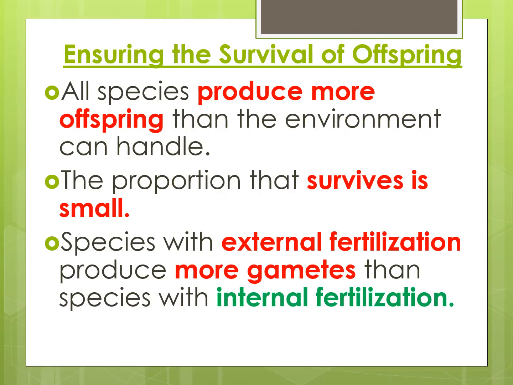The first 2 points under this concept say that all species produce more offspring than the environment can handle. And the second point links onto the first one. The proportion that survives is much smaller. We know that a certain environment has a carrying capacity.